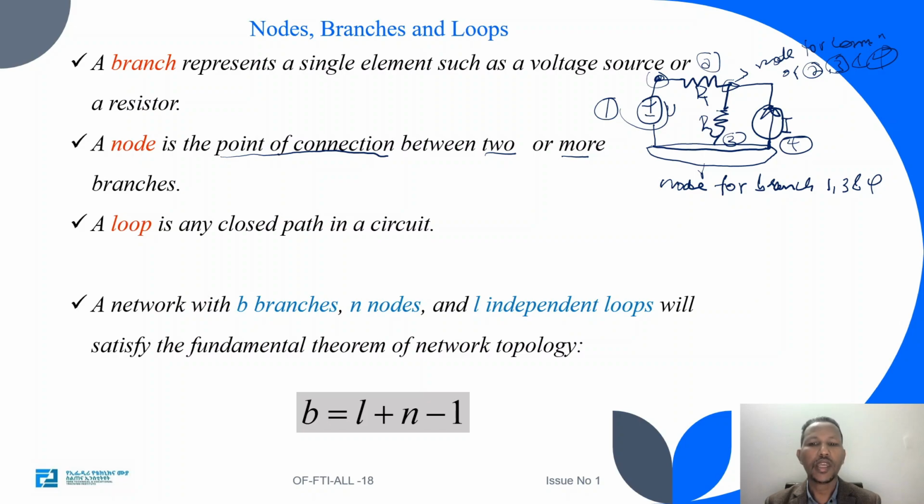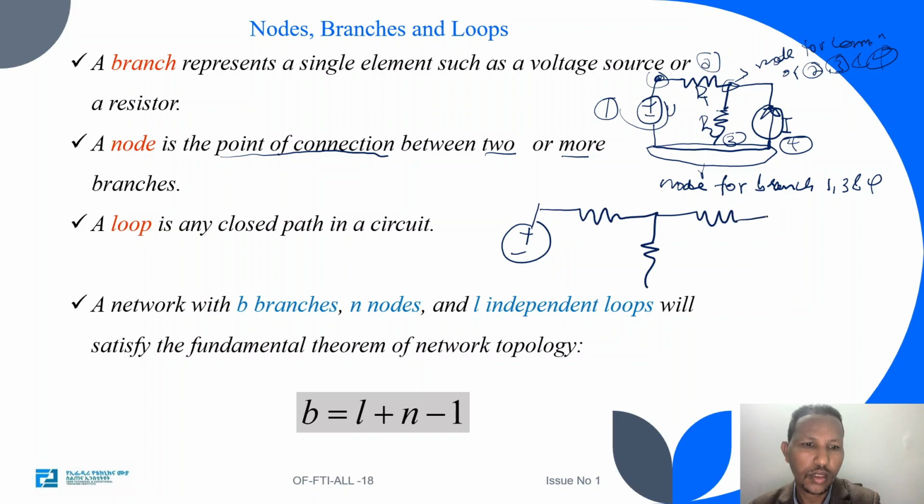A loop is any closed path in a circuit. For example, we can consider this circuit with points A, B, C, D, E, F. Here we have V, R1, R2, R3, and R4.